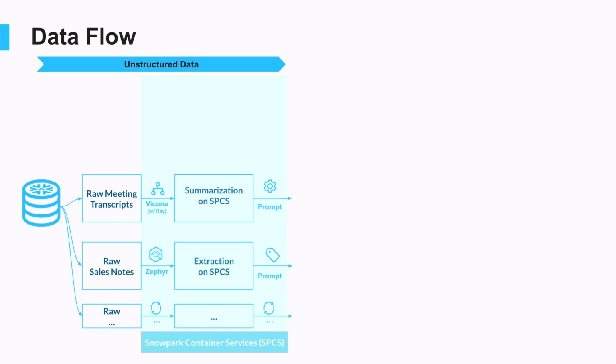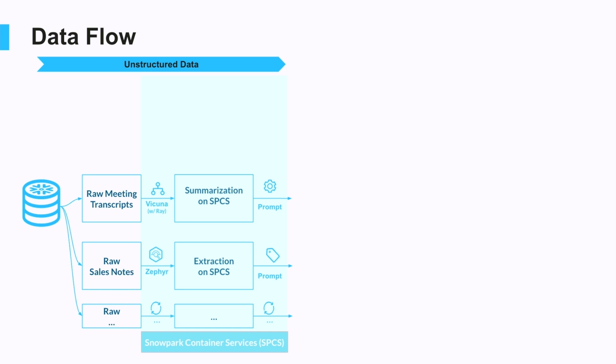For the meeting summaries, around meetings, I use the Vicuna model, which is another open source model fine-tuned from the Llama model, but allowing large token windows, to pre-process that and get the meeting summarizations. And for the very freestyle sales notes, I'm using the Zephyr model, which is another small model, but strong at text pre-processing to extract the key points.